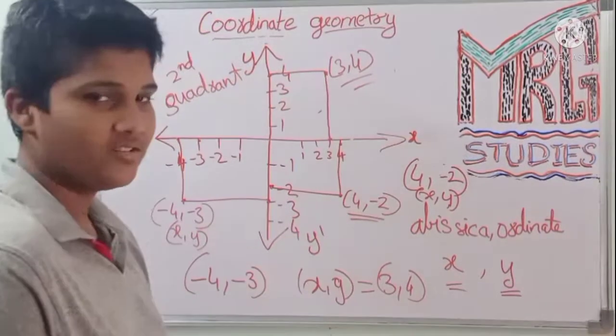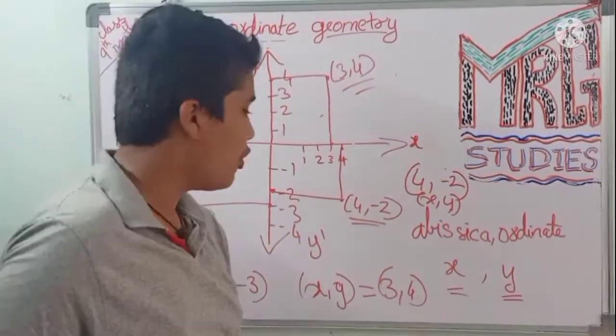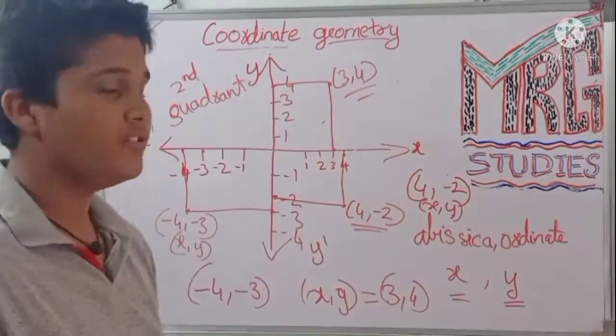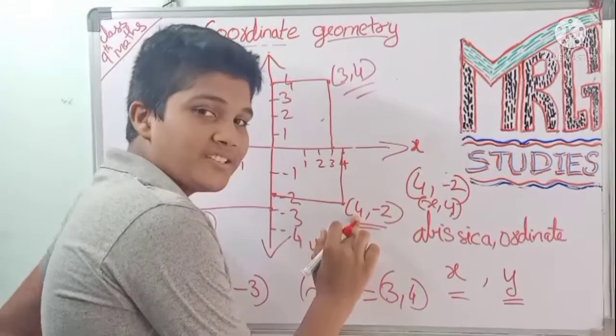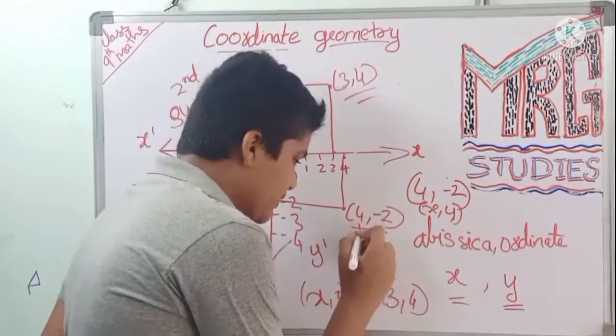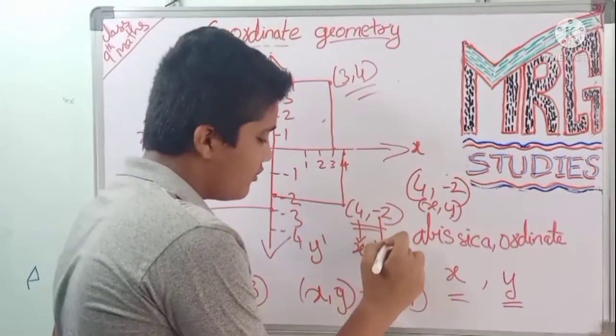So I think you understood friends. When they give you a question to find the coordinates of these points, you should do it like this. First, the first number in the bracket is x. The second number is y.